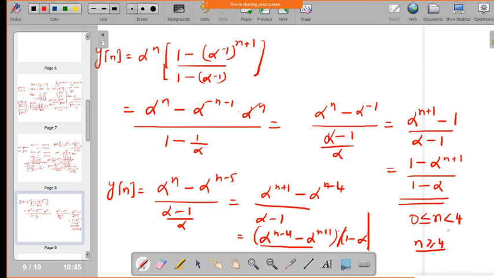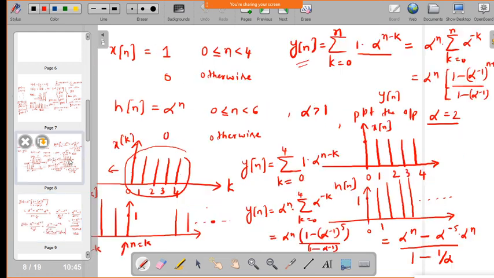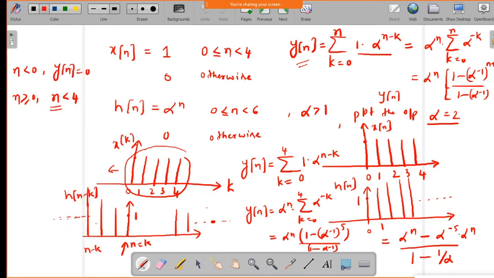Now you can see here, there is one more index. Whenever n is greater than or equal to 4, the overlapping region is between 0 to 4. Now wherever this n minus k is after this value of 4, you can see the index is between 0 to 6.